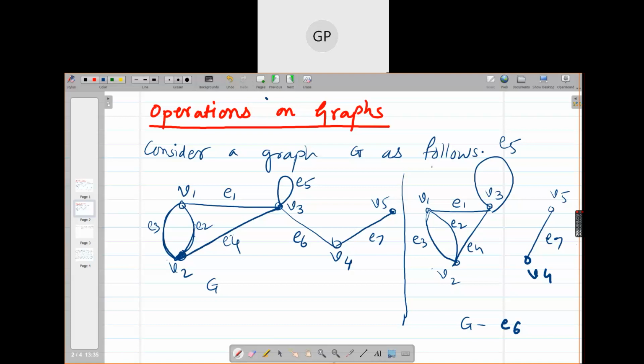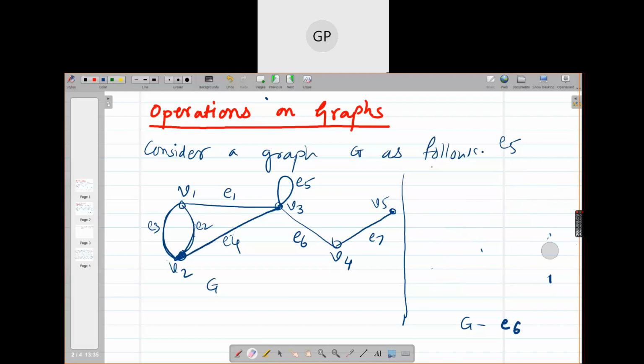Yes. Now let us delete a few more edges at a time. So I'm just erasing this graph. Let us consider a subset of E. E is E1, E2, E3, E4, E5, E6 and E7.